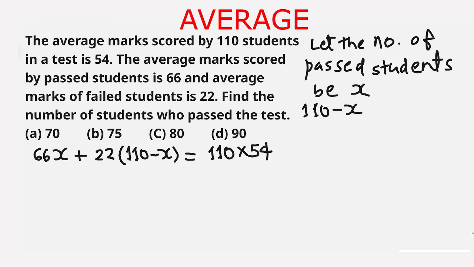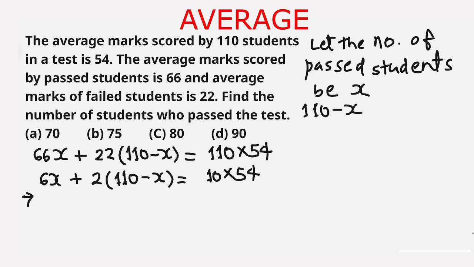Now we divide both sides by 11. So this will be 6x, as 66 divided by 11 is 6. Now 22 divided by 11 is 2, into 110 minus x, equal to 10 multiplied by 54. And this gives us 6x minus 2x.